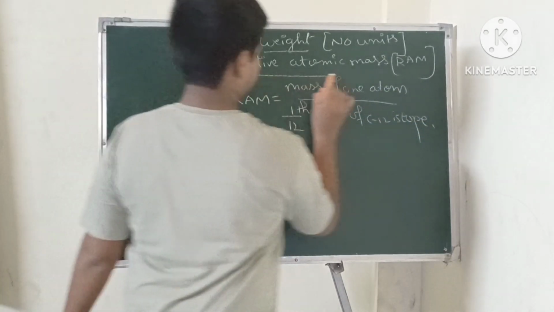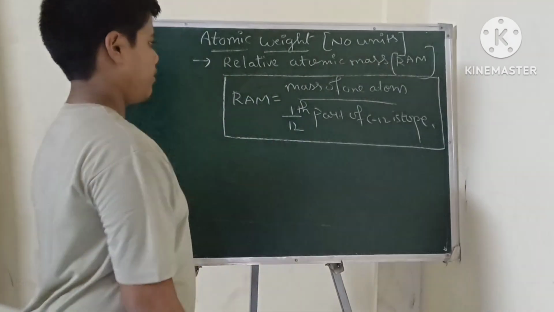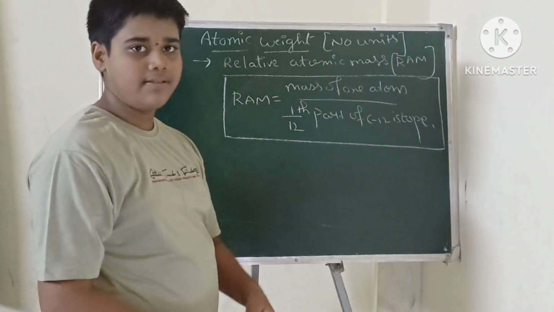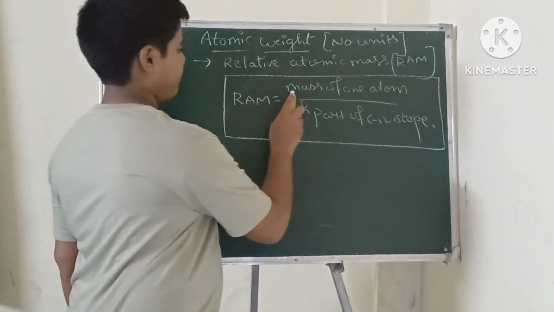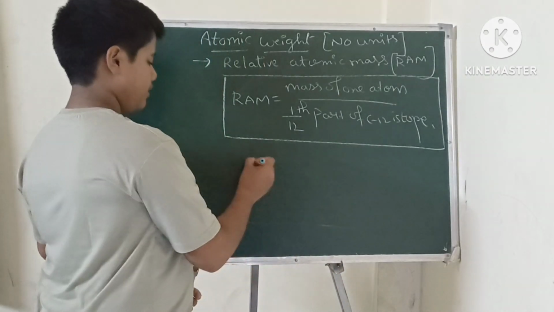So this is the main relation. RAM means relative atomic mass, which is nothing but atomic weight. It has no units because it is the mass of one atom by 1/12 part of the C12 isotope.